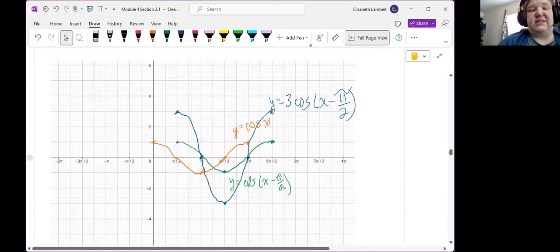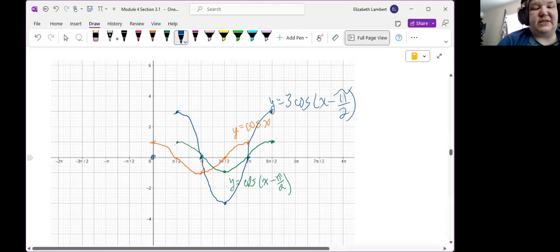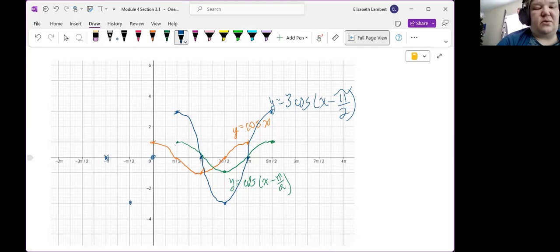Now, the funny thing is, if I extend this, so like once you have one period, you can copy it again. And so this one, it's like 2 periods. It'll go back to 0. Then it'll go down here to 3. And now when I finish the drawing, you should note that this actually looks like a sine graph.